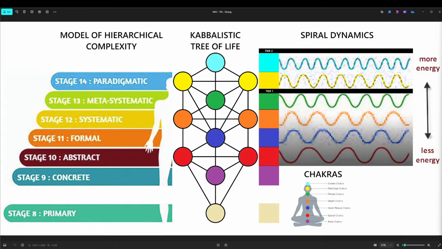The ones below that are the physical or material levels. So basically green and above would be internal or esoteric, and orange and below would be the lower quote unquote levels, or external or exoteric. Ideally you want to move up through each of the levels, is the basic idea.